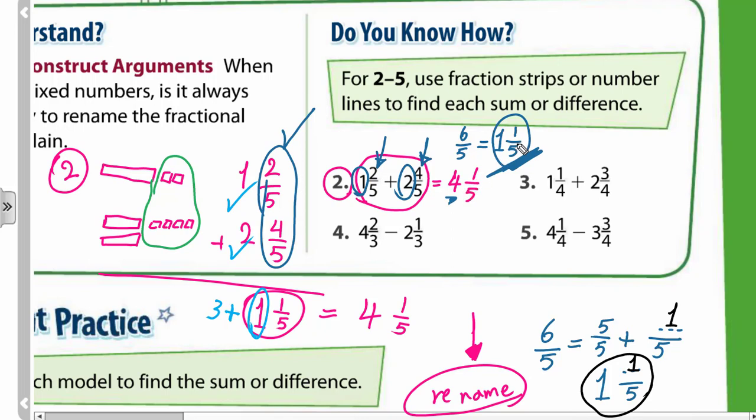So we add 1 and 1/5 to the whole 3 that we have to get 4 and 1/5. That's all. Okay, thank you, Maitham.